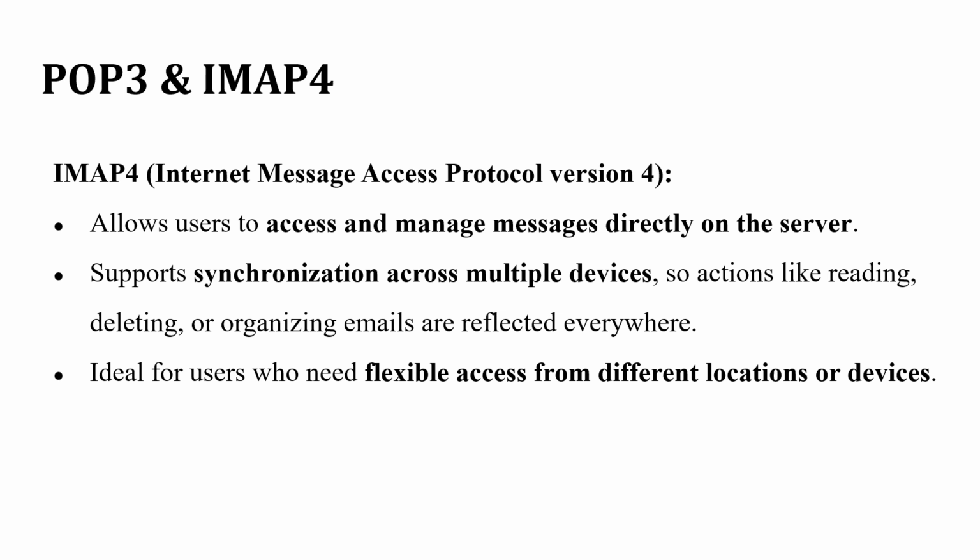IMAP4, or Internet Message Access Protocol version 4, enables users to access and manage emails directly at the server, supporting synchronization across multiple devices. This makes IMAP4 ideal for users who need flexible access from different locations or devices. In essence, POP3 focuses on local storage while IMAP4 provides server-side management and multi-device synchronization.